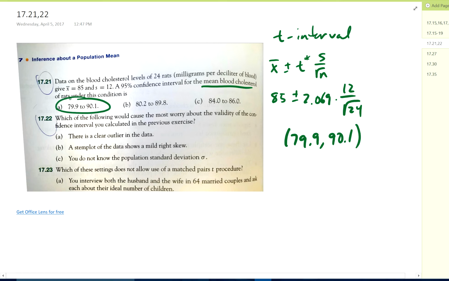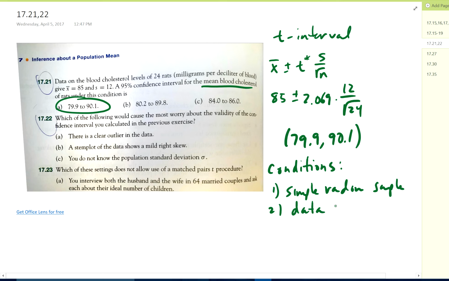Okay. Now, one of the things that we didn't check that we wanted to look at are the conditions. The normal conditions that we use for a t-test are, first, the sample has to be a simple random sample. Second, the data has to be independent of each other.